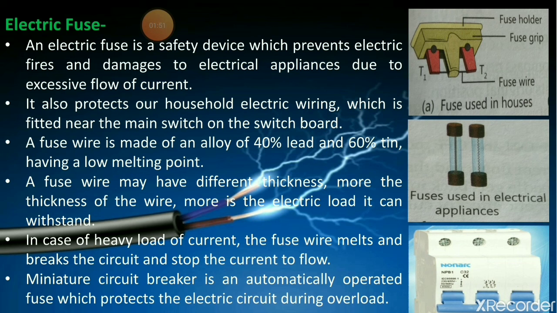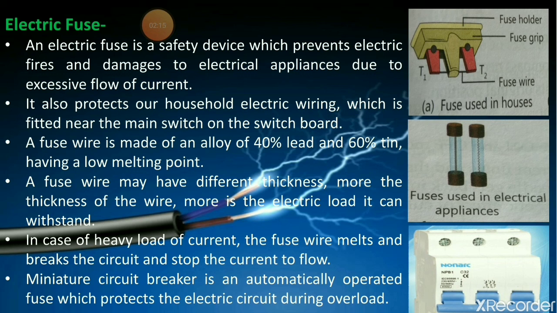It is actually the weakest part of the circuit, which melts and breaks the electric circuit in case of an overload. Okay, so the fuse has a special wire, the melting point of which is much lower than the metal we use to make the conducting wire.